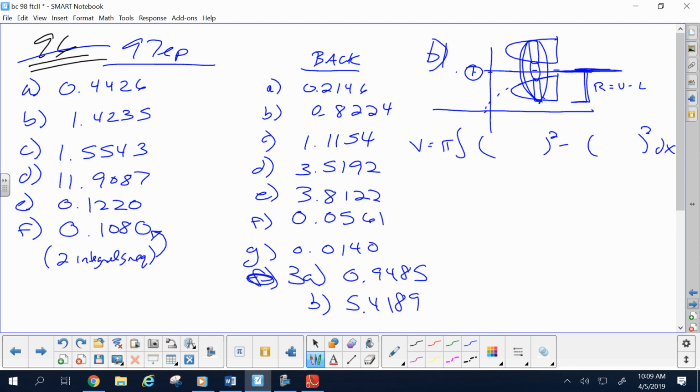This is the root x curve. Oh, sorry. 1 minus e to the negative. Okay? So what's little r? Which is here. Upper minus lower. What's upper? Minus c.